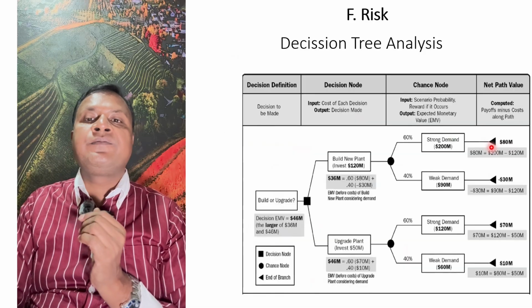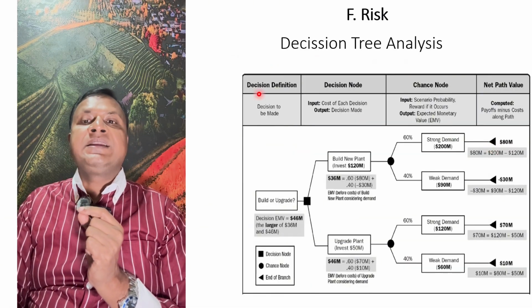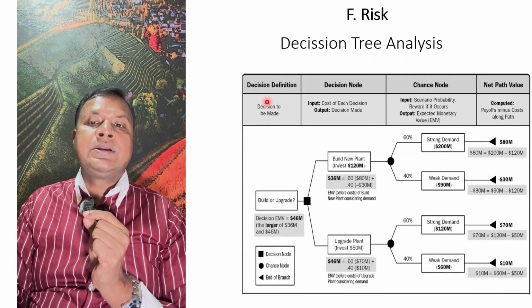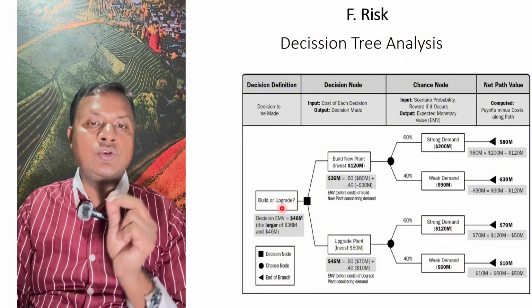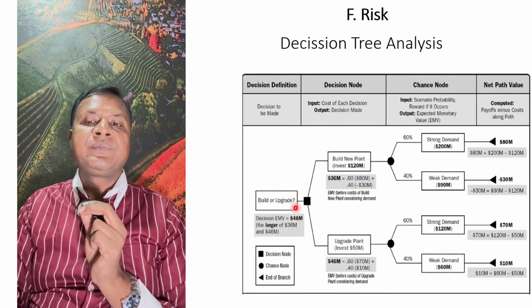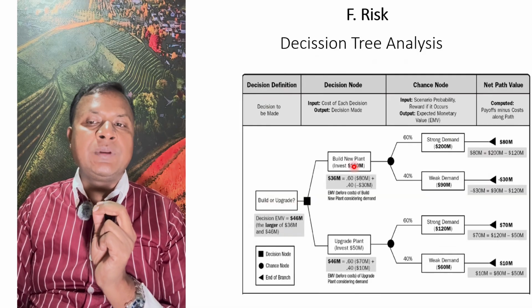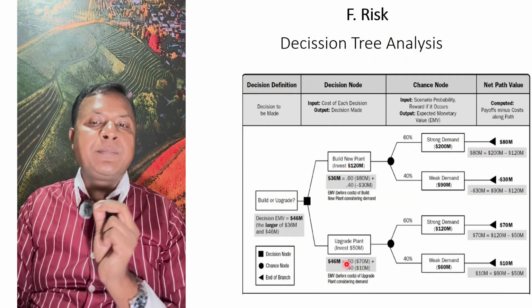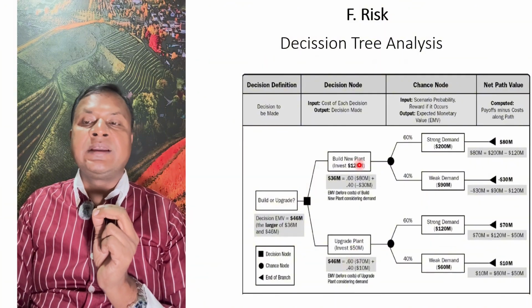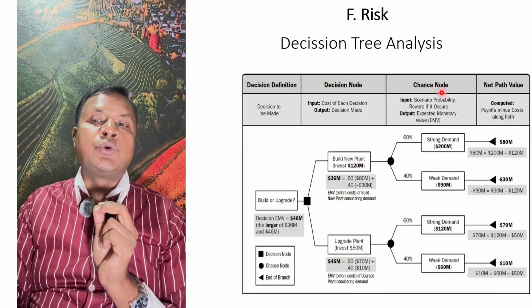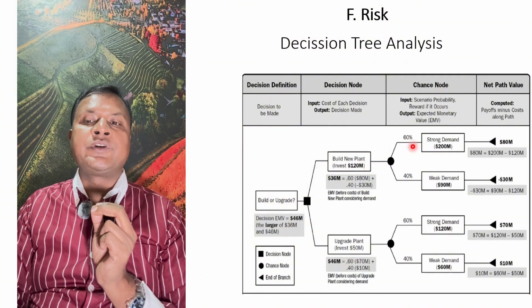For example, if you see the figure here, the decision definition: you want to build or upgrade. You need new software, so you will build it or upgrade it. If you build it, the new plan, this option. If you upgrade it, this option. And if this is the option you select, then the chances are 60% and 40%.